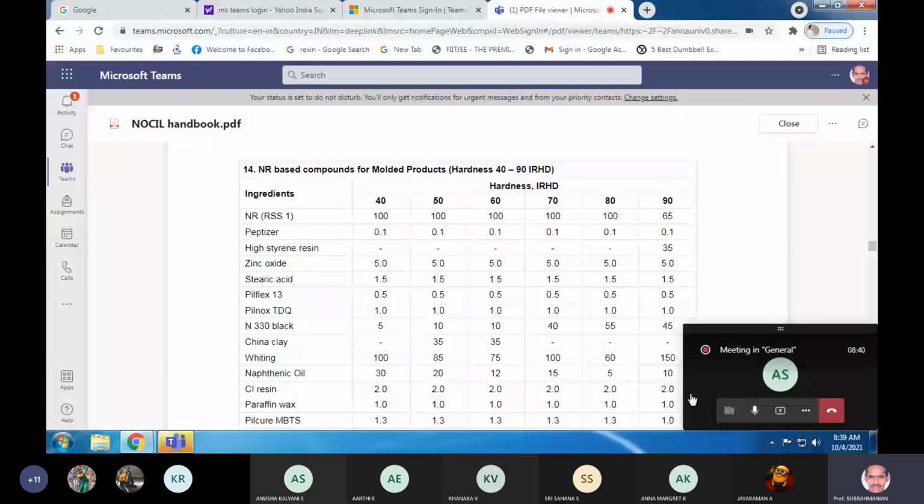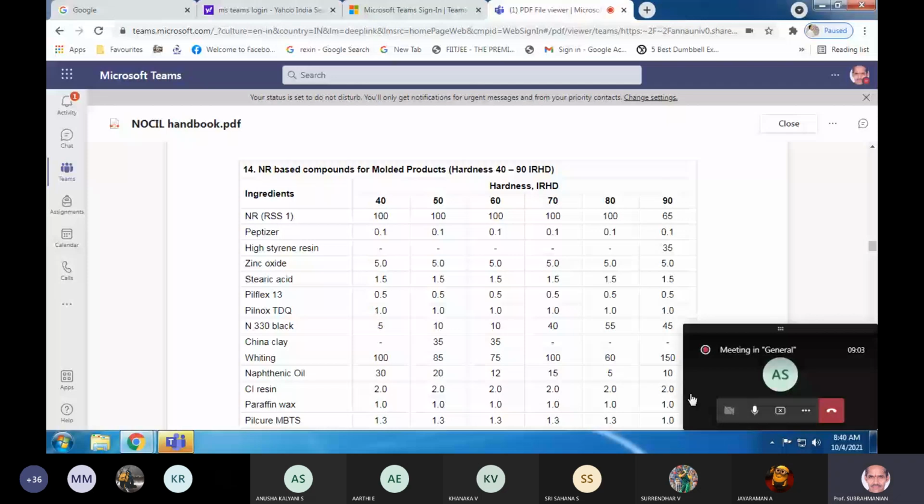Because a higher quantity of zinc oxide is desired in certain cases, that is for resilience. But 5 phr is not going to make it because NR basically is resilient. So this activator combination is just appropriate.